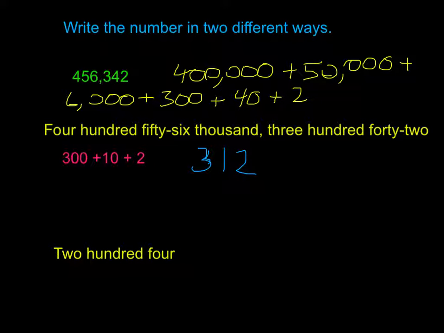So 312 would be our number. Now, you always want to change it from expanded form to standard form before we try and write word form. If you don't try and switch that, then it's going to cause problems in the future. You would be writing 300 plus 310 2, when really it's 312.